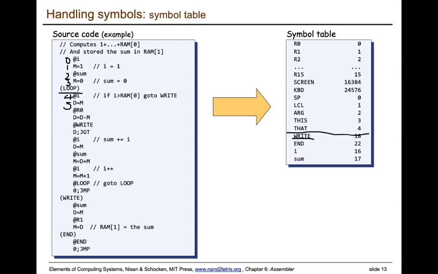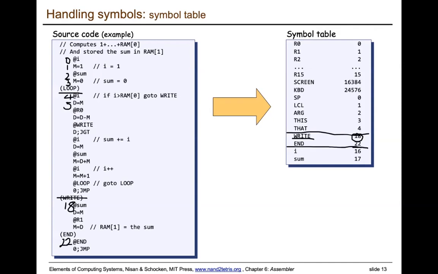I will continue counting 5, 6, 7, 8, 9, 10, 11, 12, 13, 14, 15, 16, 17. Right here is 18. So the first line after WRITE is line 18, which is why WRITE will have the number 18. We continue 18, 19, 20, 21, 22. The first line after the AND symbol is 22, so AND will have 22.